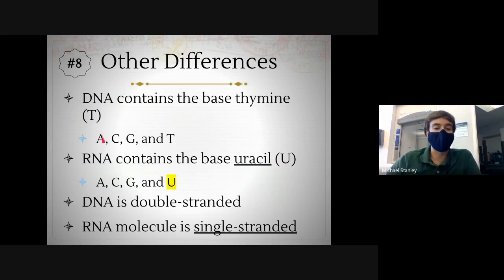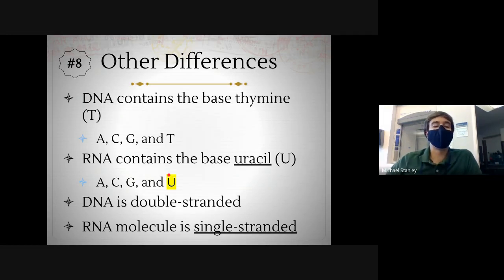DNA, as we've already talked about, has A, C, G, and T. RNA has A, C, G, and uracil, which we represent with a U. So 3 out of the 4 bases are the exact same, but there are no T's in RNA. Instead, we have U's.